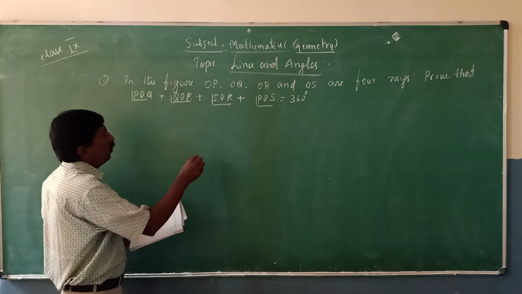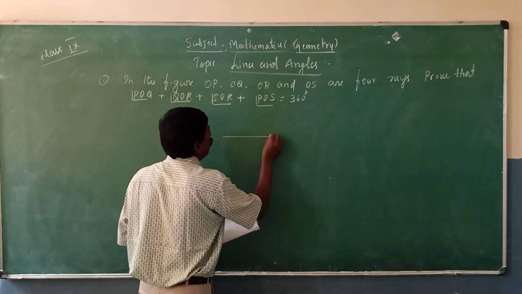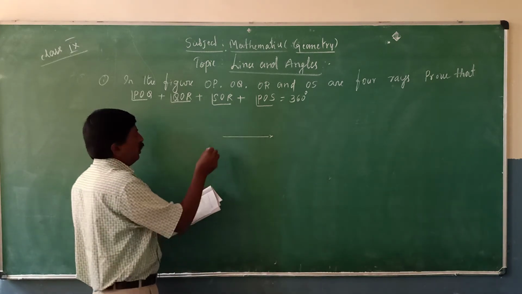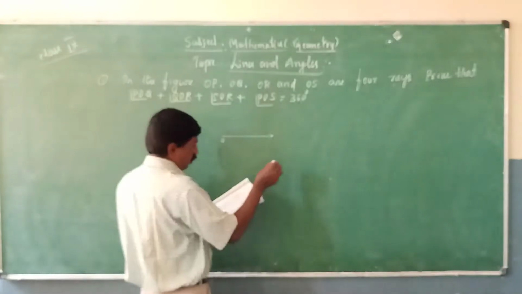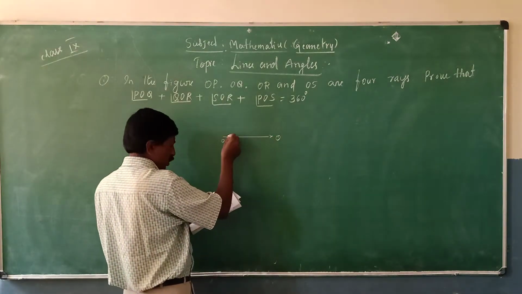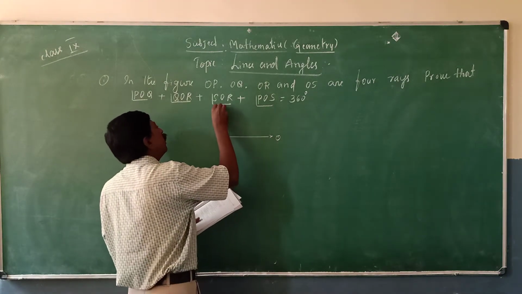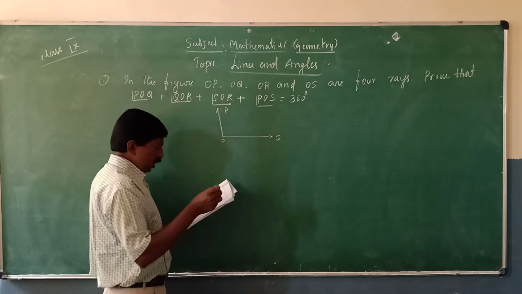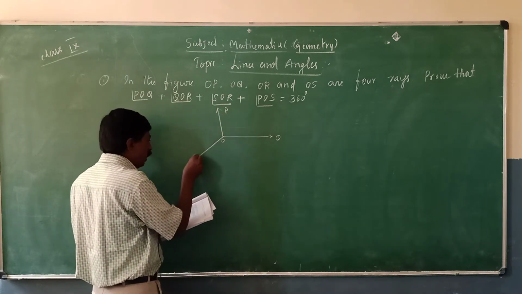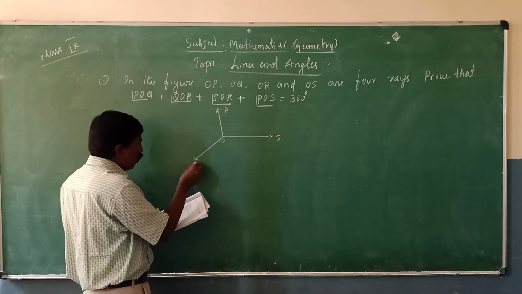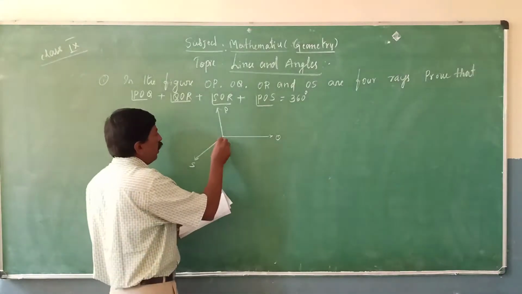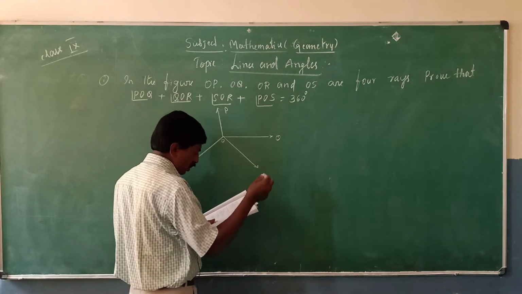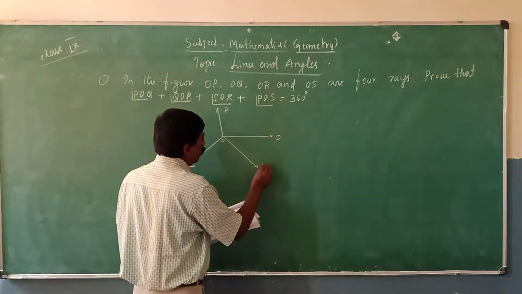Write down the diagram. One ray is OQ, another ray is OP, the next ray is OS, and another ray is OR.